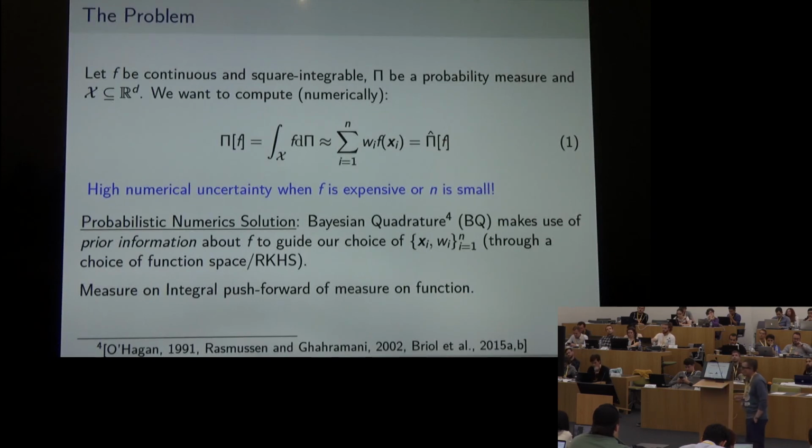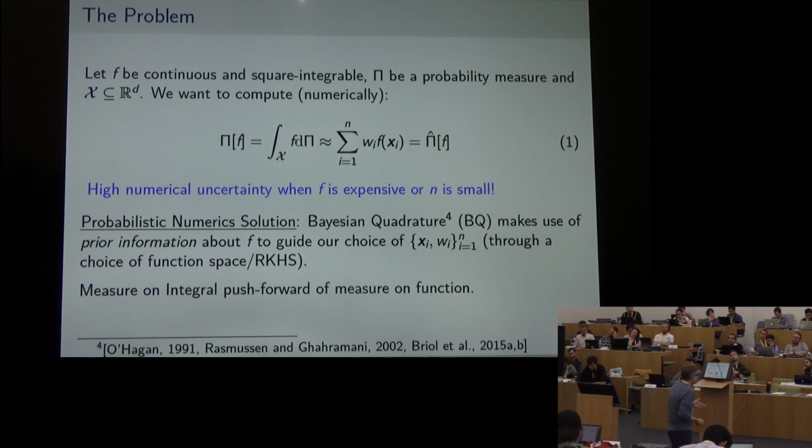But basically, what we do is we say we've got a function, so we have an integrand, represented by this red function here. And we are going to put a zero mean Gaussian process prior on the value of the function, which is the integrand.